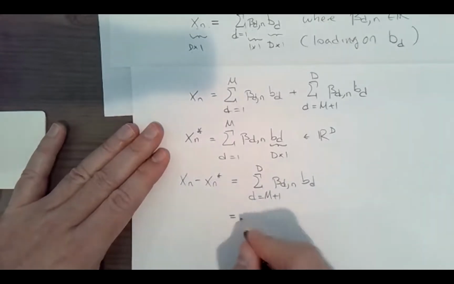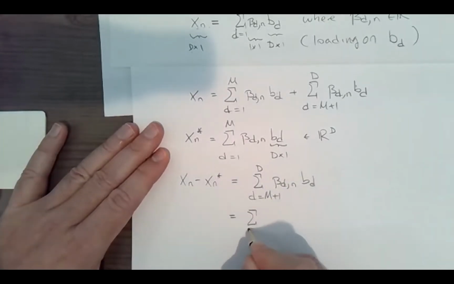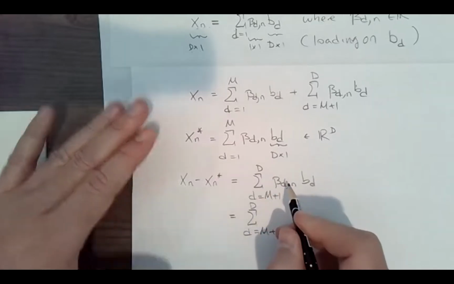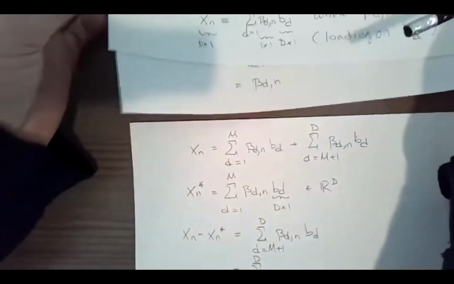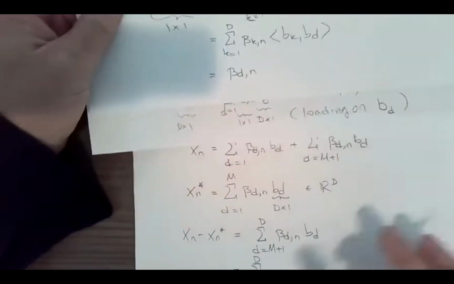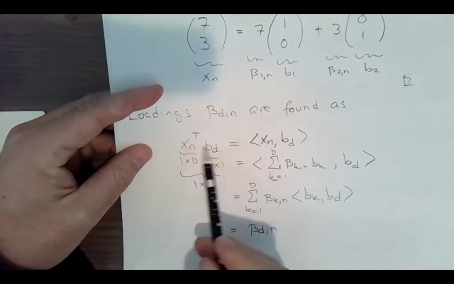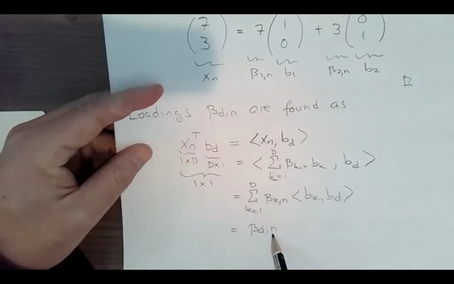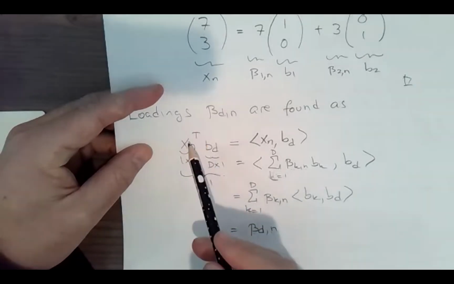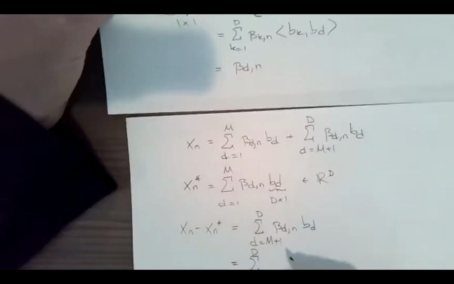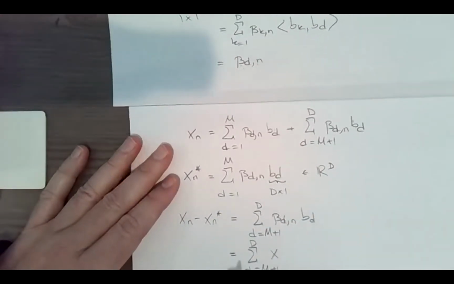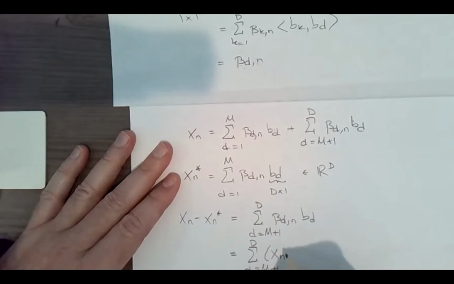And if you want, we can plug in the formula we derived on the previous slide. We're going to need that in a little bit. The formula that we derived was that beta dn could be written as this thing up here. So instead of beta dn, I'll write xn transpose bd.